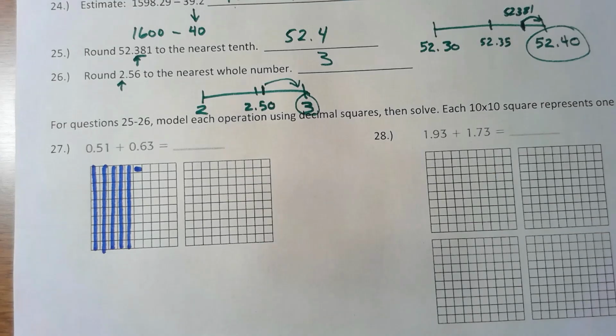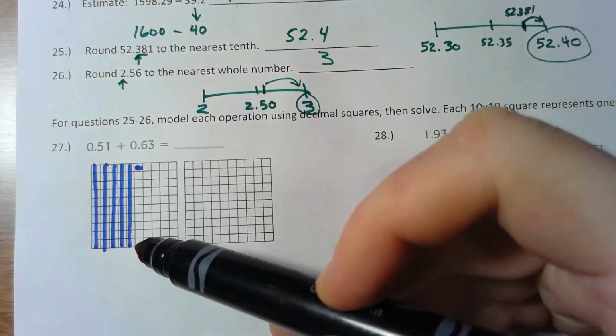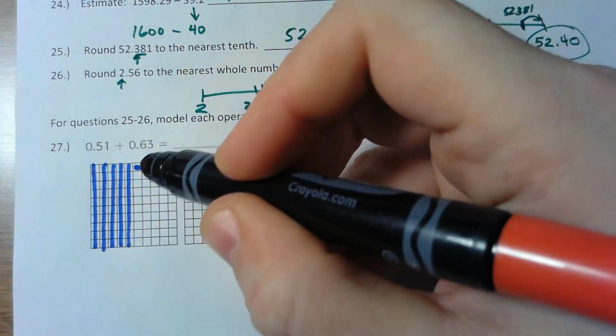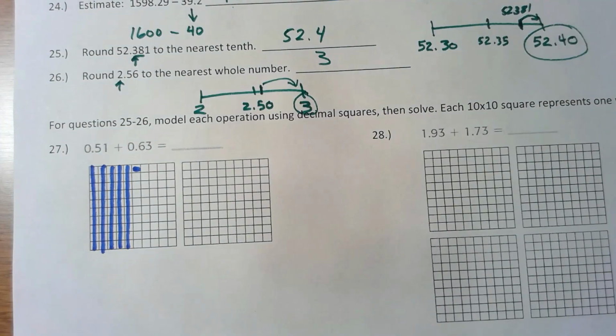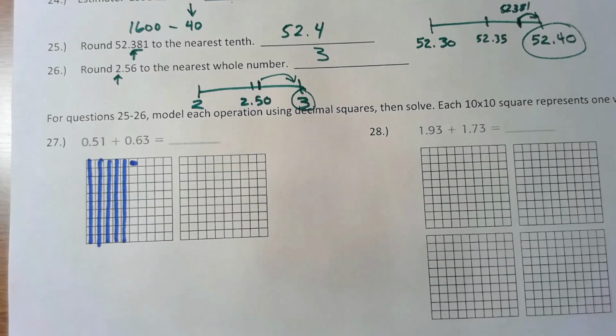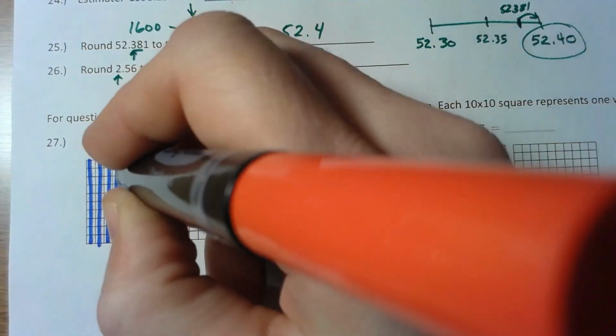And there's several ways you can do this. You could just start counting off 63 squares so that you do it all matched up. You could do it over here. It doesn't really matter as long as you are shading 63 squares, because we want 63 hundredths. I'm going to do it like this.